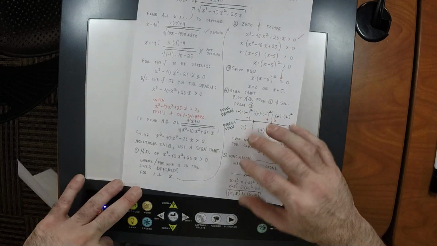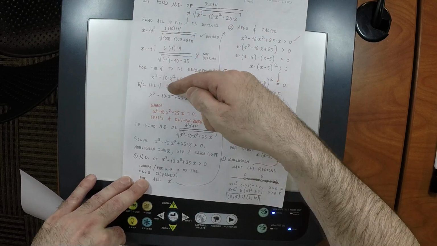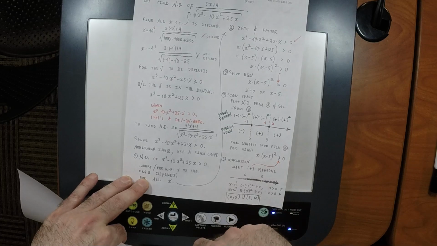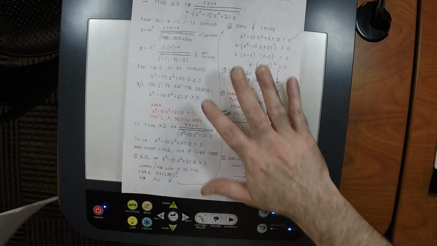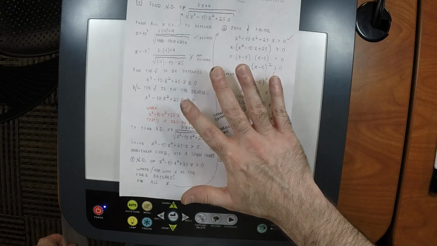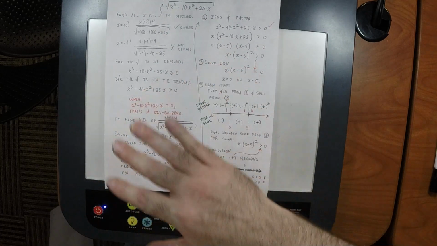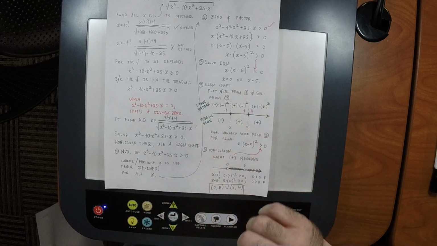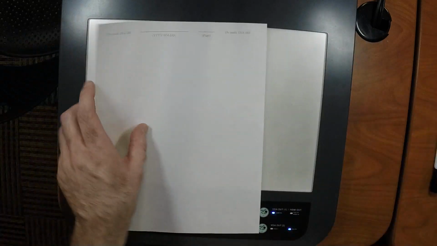And so calculating the derivative takes about that much work. And then finding the sign chart of the derivative is the rest of the work. So, this is a very important technique for this part of math. Any question about it? Okay. Next.